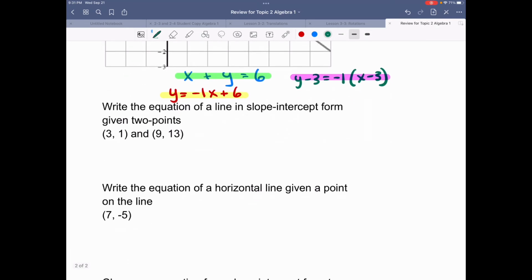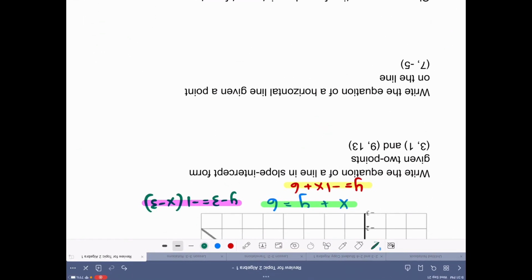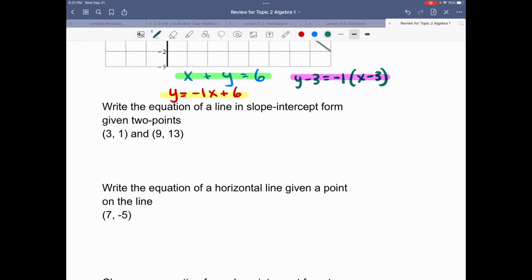Next problem. Write the equation of a line in slope-intercept form given 2 points. Well, if it's slope-intercept form, I need to know the slope. Slope-intercept is y equals mx plus b. So this is going to take a couple steps because we don't know the slope. Step 1, find the slope. M equals y2 minus y1 over x2 minus x1.